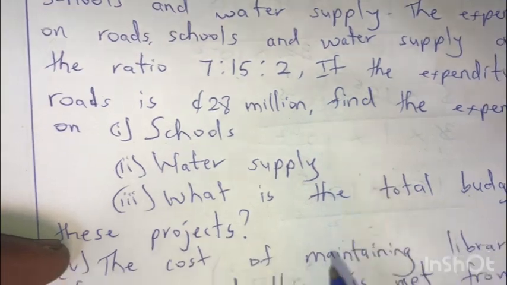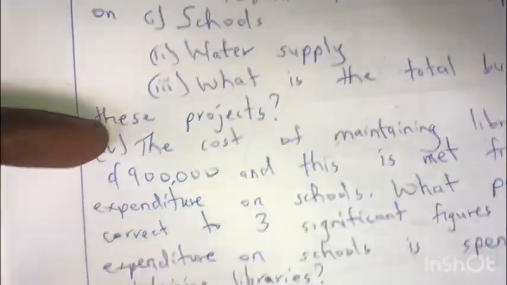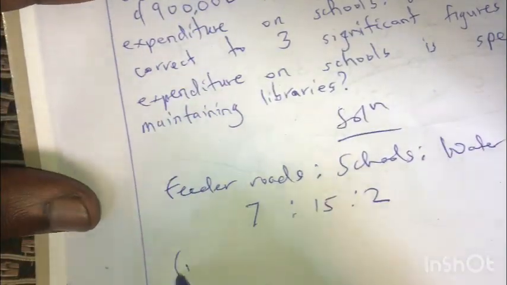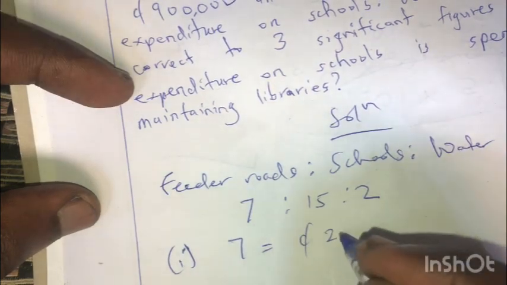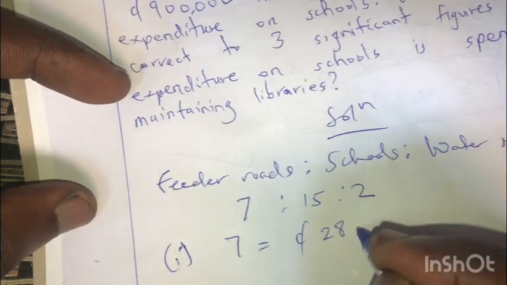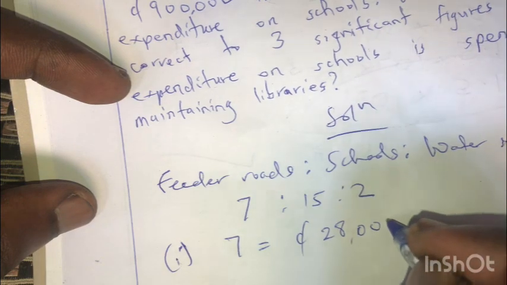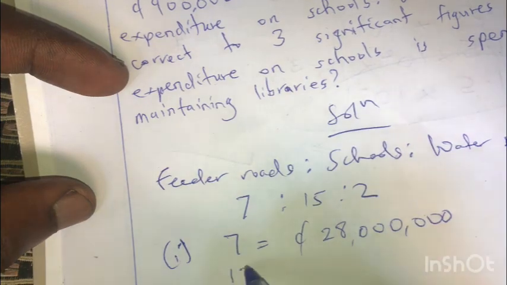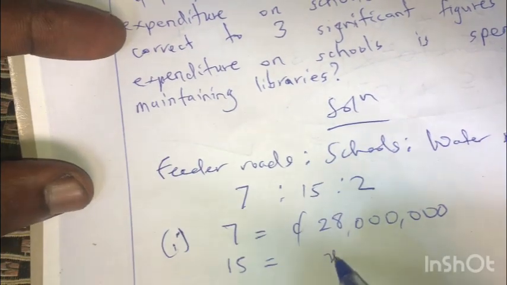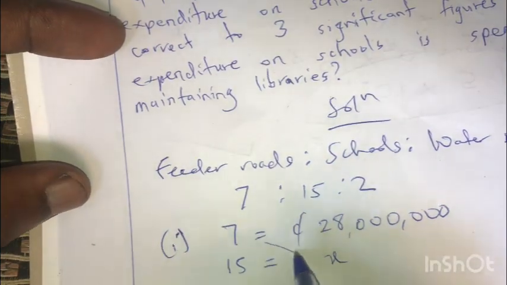Okay, so for the first question, which is the schools, we are going to do 7 equal to 28 million. Let's write it in numerals. 5 equals to, we don't know, so then you cross multiply.